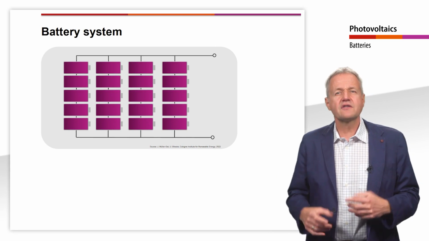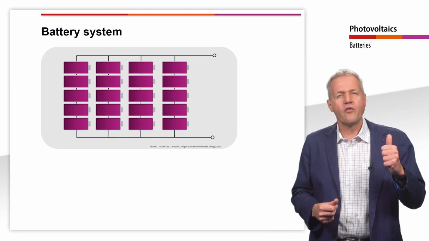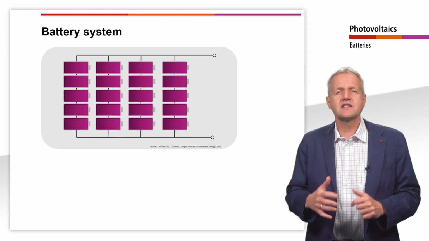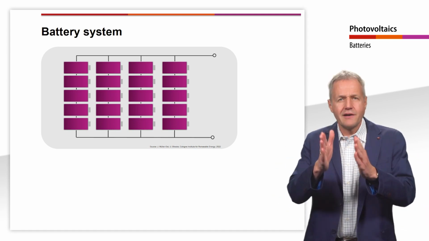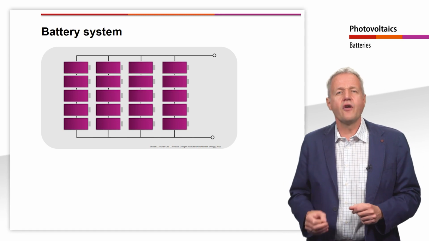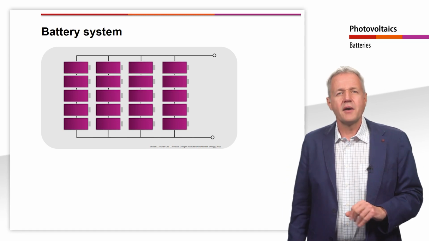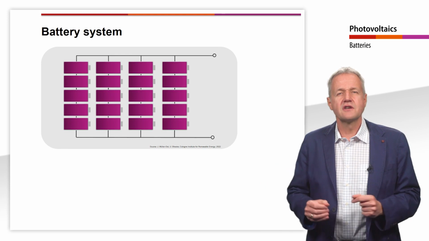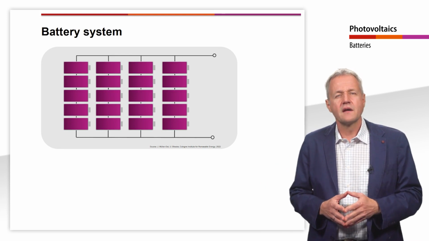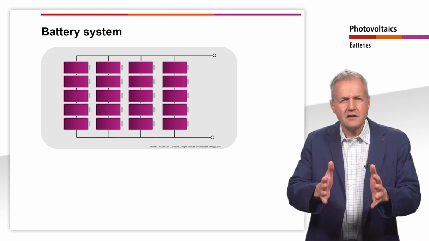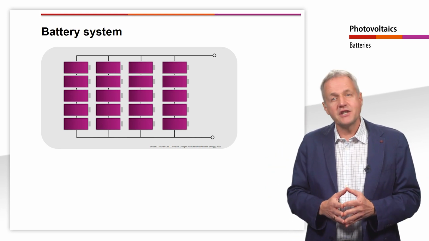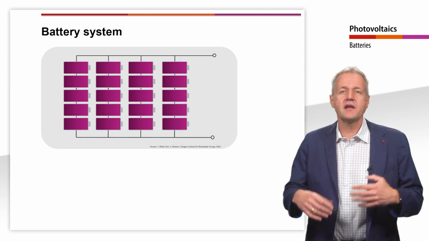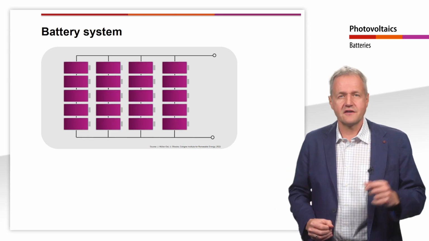However, series connection also means that if one cell fails, the entire battery pack fails. With a parallel connection, on the other hand, the voltage remains the same, but the maximum discharge current increases. By combining parallel and series connection, the electrical parameters of the battery can be specifically adjusted.